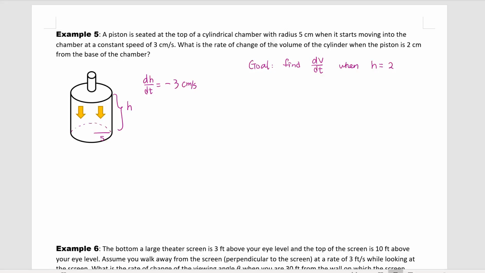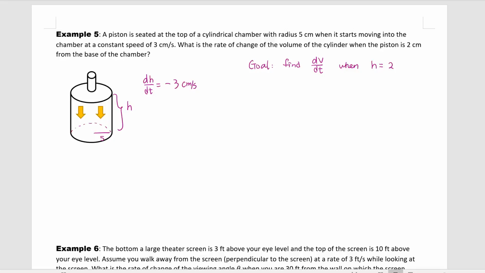So that is the first step. We show the picture and name the variables. For a constant, just give a number; don't give it a variable. For the quantity that varies, we give it a variable h. Step 2. We know dh/dt and we're looking for dV/dt.